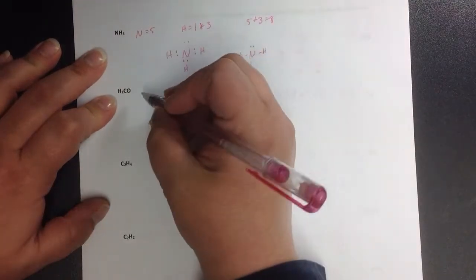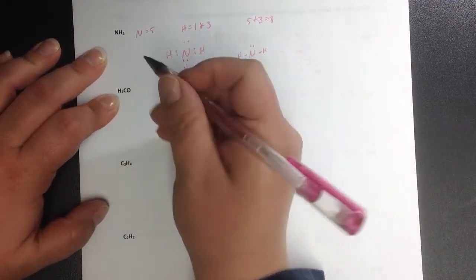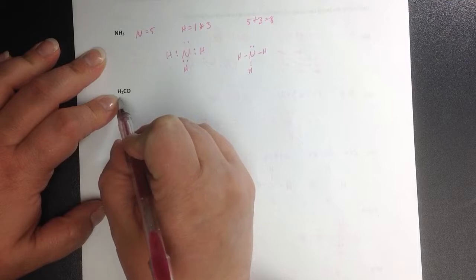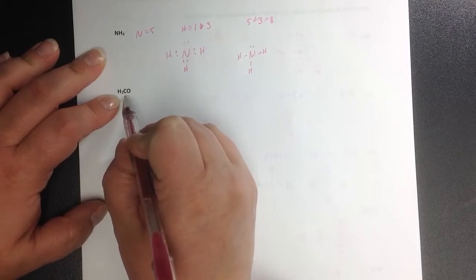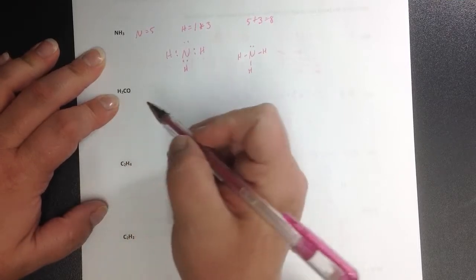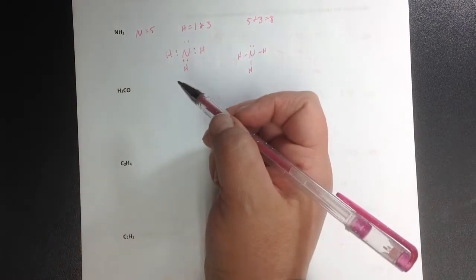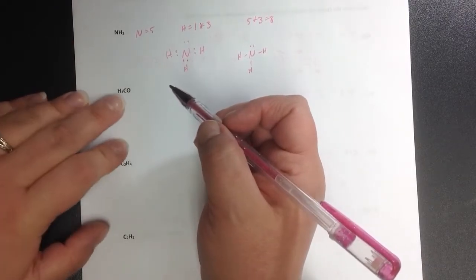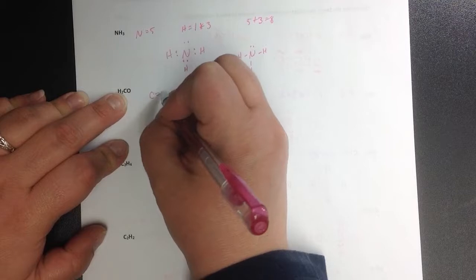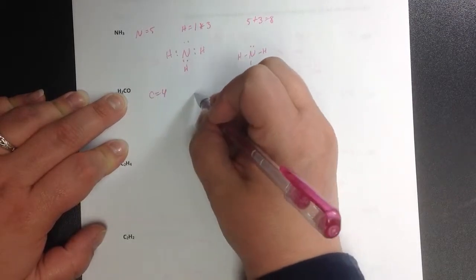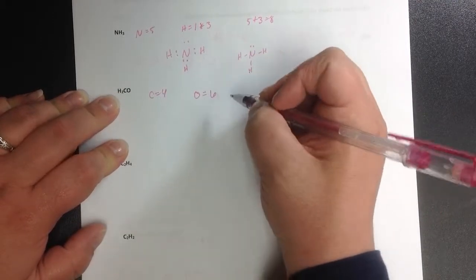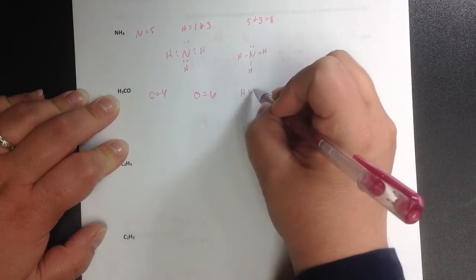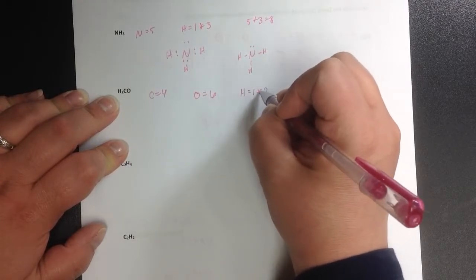Okay, great. So this, again, is telling you you've got 2 hydrogens next to that carbon, and this carbon and oxygen are probably bound together too. Carbon has 4 valence electrons, oxygen has 6, hydrogen is 1, but there's 2 of them.